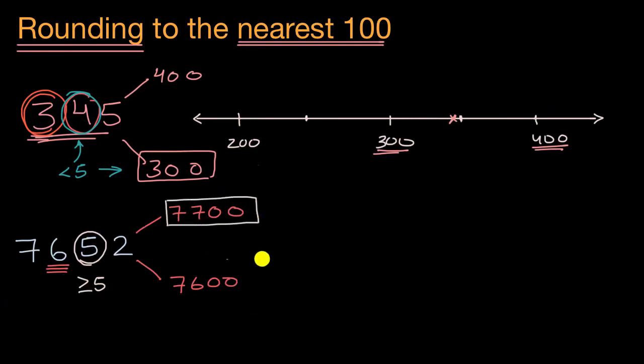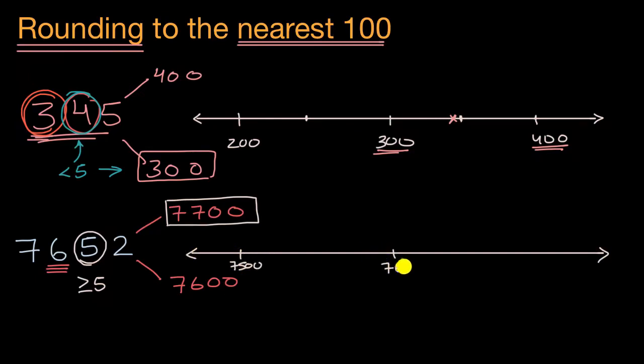And we can see that on a number line as well. Let me draw a number line here. Let's say that this is 7,500. This is 7,600. And this right over here is 7,700.